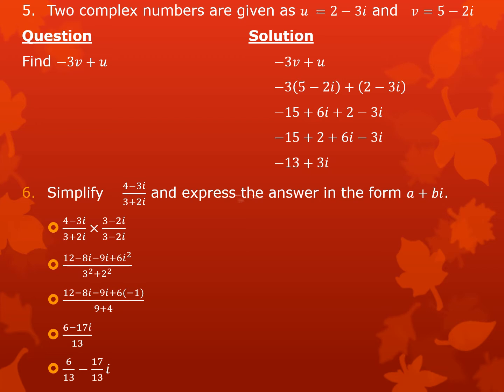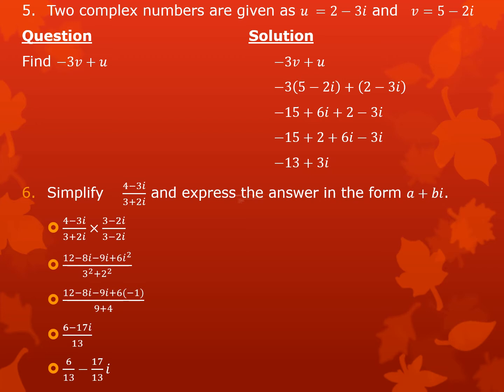Question number 6. Simplify 4 minus 3i over 3 plus 2i. In order to simplify any fraction in complex numbers, we need to rationalize.